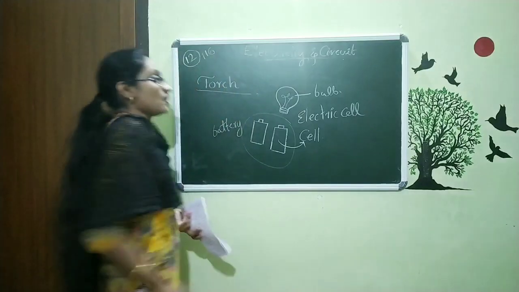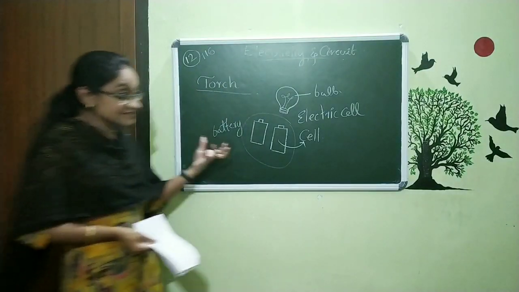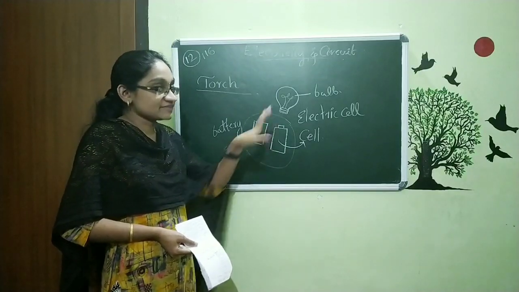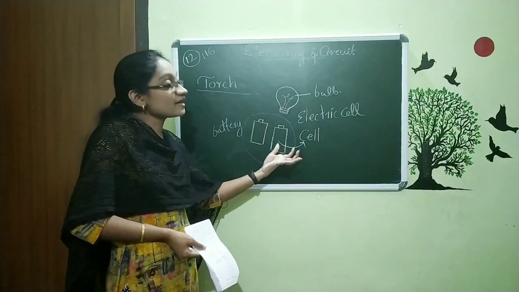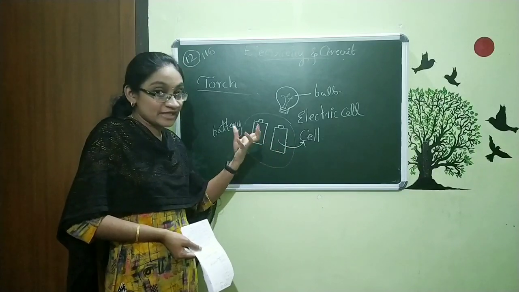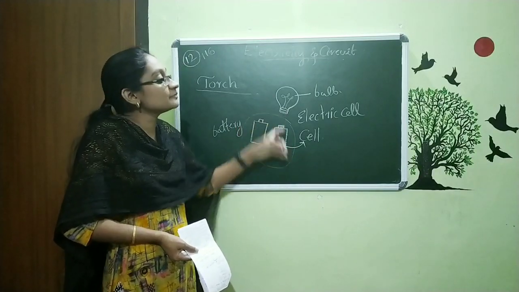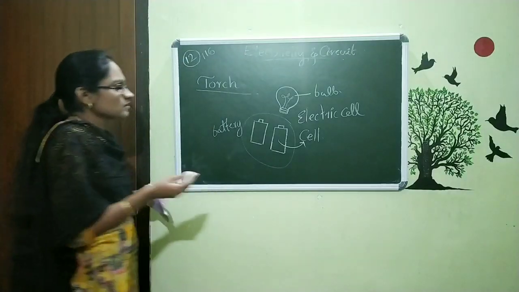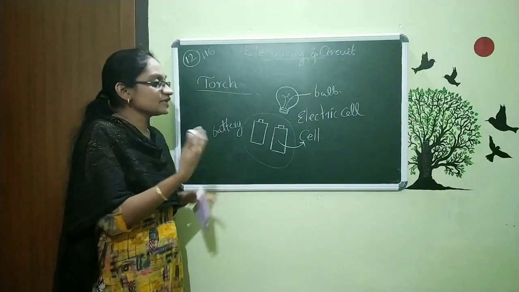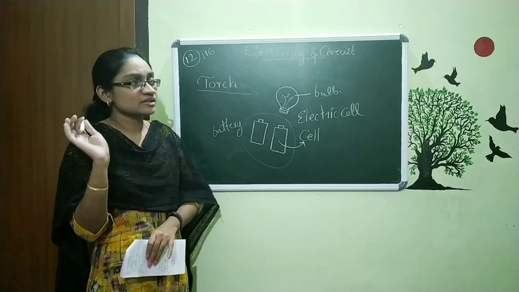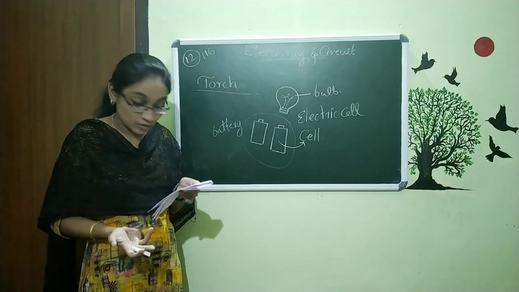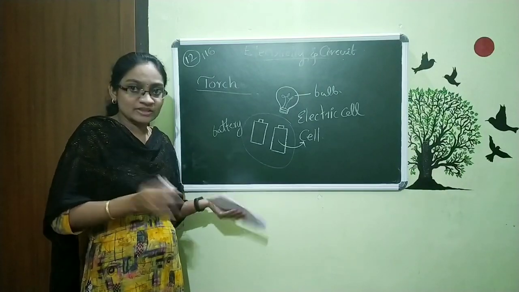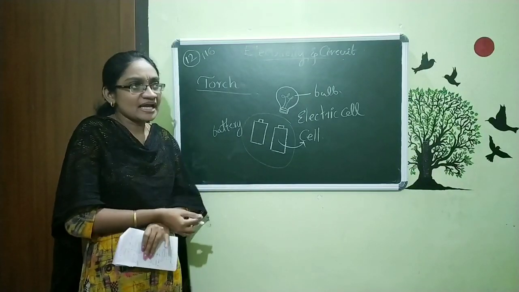So for the torch, the electricity is given by this cell, and there is no direct contact with our electricity. We are giving the energy to the bulb using this electric cell. Also, not only for the torch, we can use this cell for different devices like alarm clocks, watches, radios, cameras, remotes, everything.